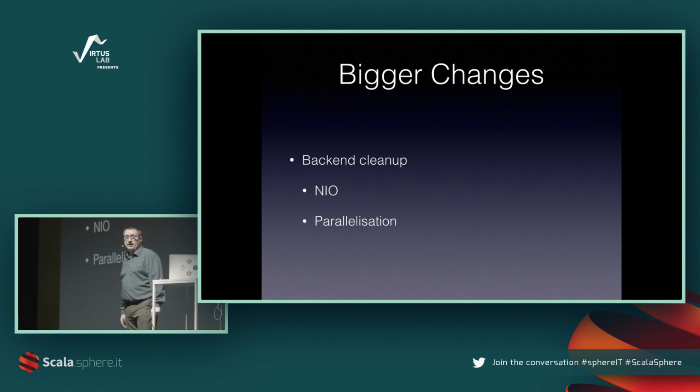There's bigger changes that have happened. So in the back end, you can now turn on parallel bytecode generation, which speeds up a bunch of stuff there. We switched over, now we're on Java 8, to using NIO for all the I.O. One of the interesting points about that is on Linux, it makes almost no difference.